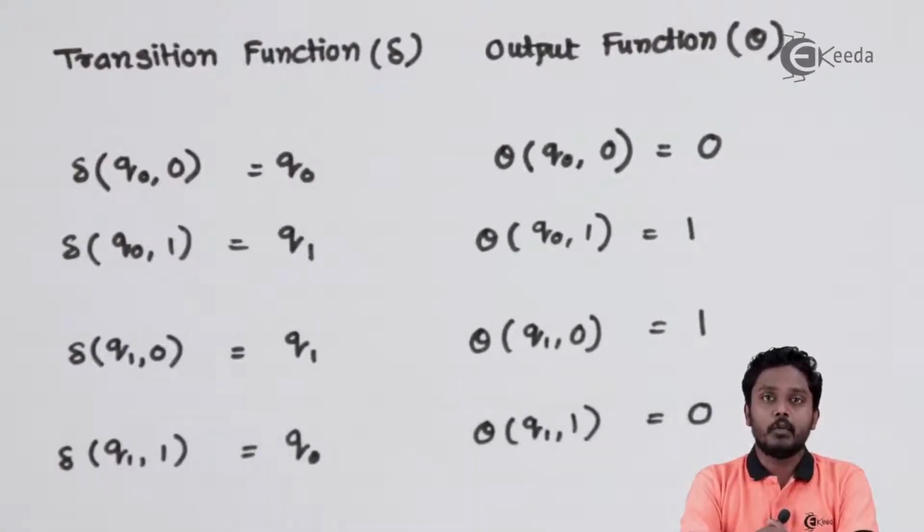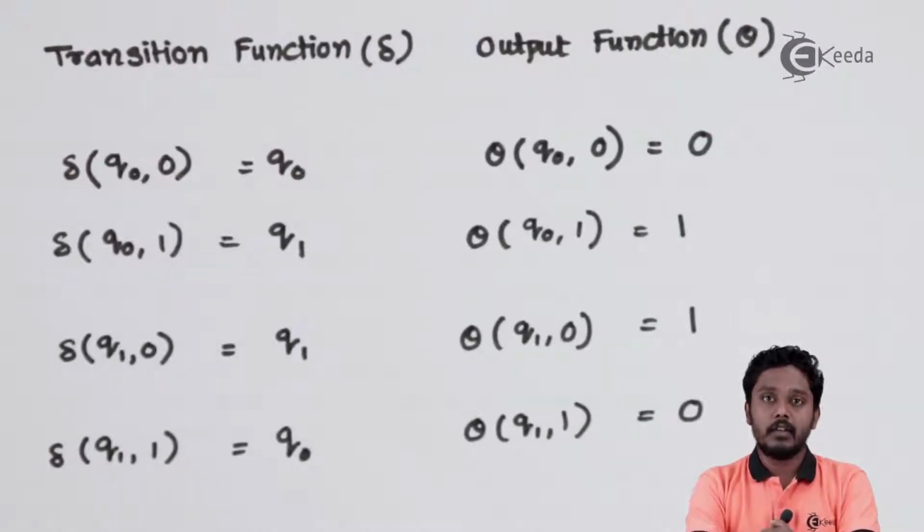From Q0 on a 0, we have replacement of 0 with 0 only, and hence the output is 0. Similarly, from Q0 on an input 1, we have replacement of 1 with 1. Now state Q1 has inverting output, that is, for every 0 it will replace it with 1, and for every 1 it will replace it with 0.